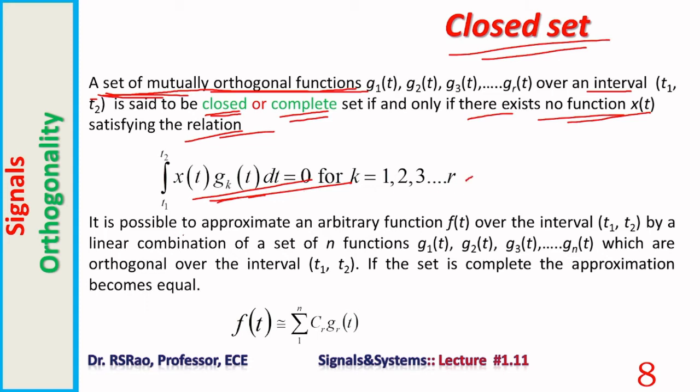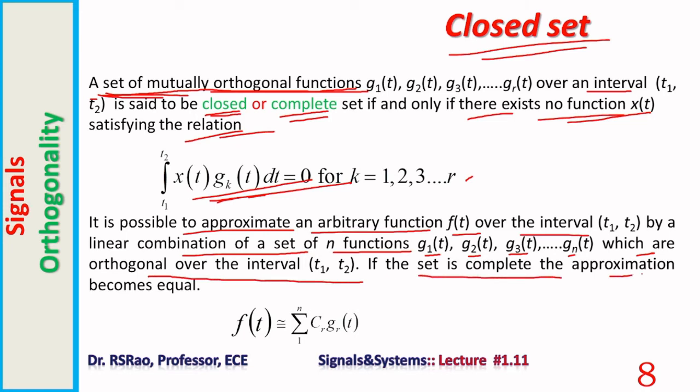r. It is possible to approximate an arbitrary function f of t over the interval t1 to t2 by a linear combination of a set of n functions g1, g2, g3, gn, which are orthogonal over the interval. If the set is complete, the approximation becomes equality.